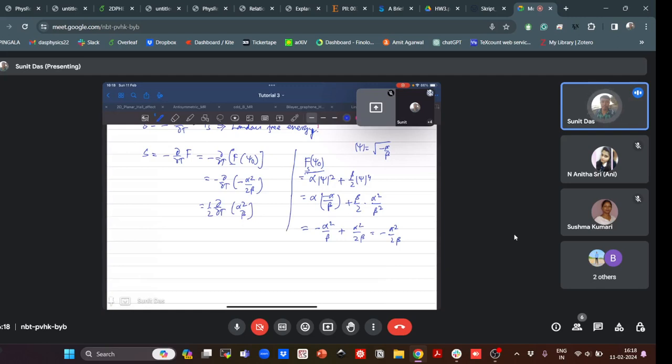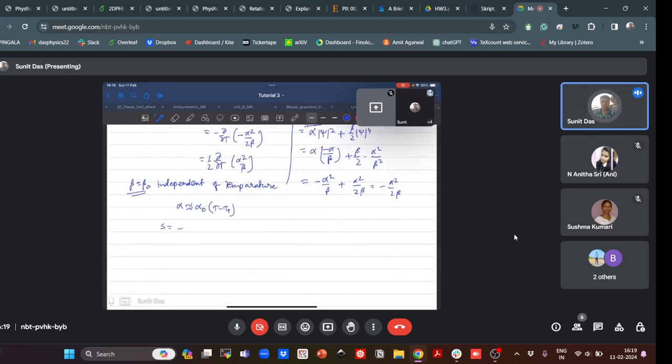Now we have assumed that beta is constant, beta is beta_0, independent of temperature, and alpha is equivalent to alpha_0 (T minus Tc), right?